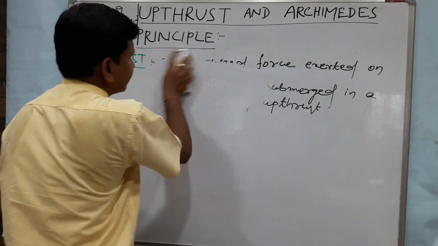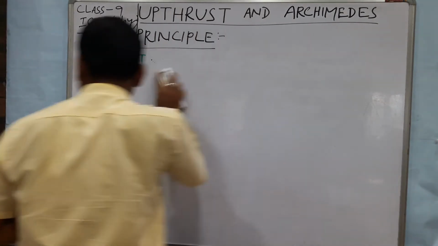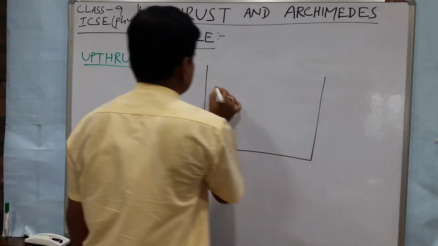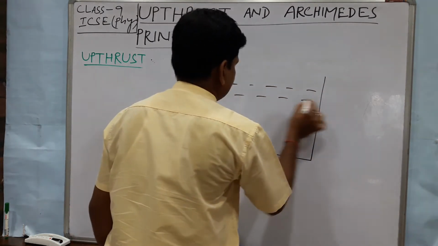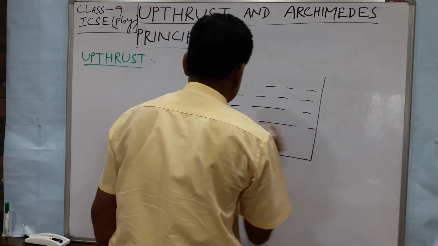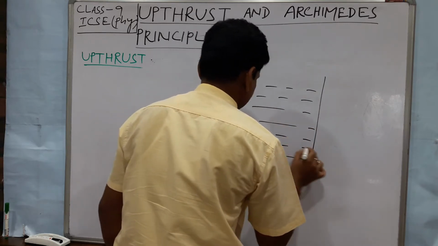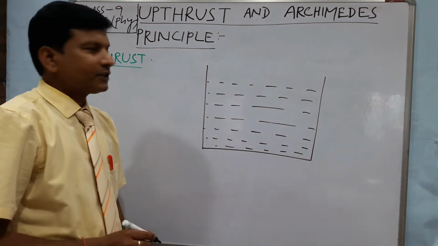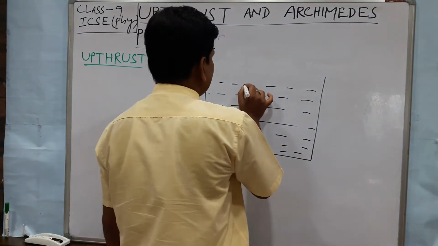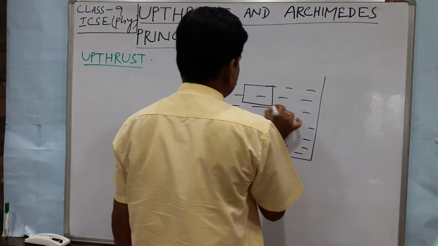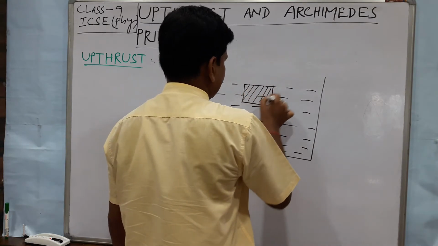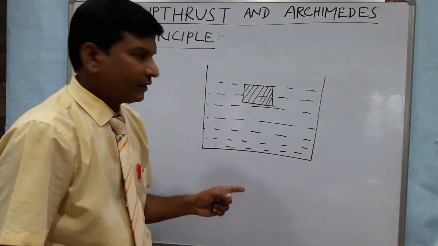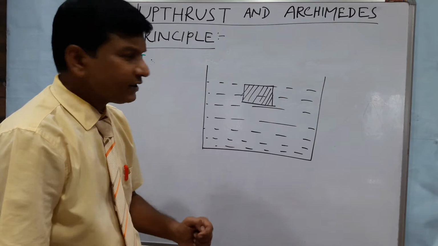Suppose this is a container which contains some water. Now one body is placed over here. This is the body which is placed. How many forces are acting on the body? See the diagram and say how many forces are acting on the body.